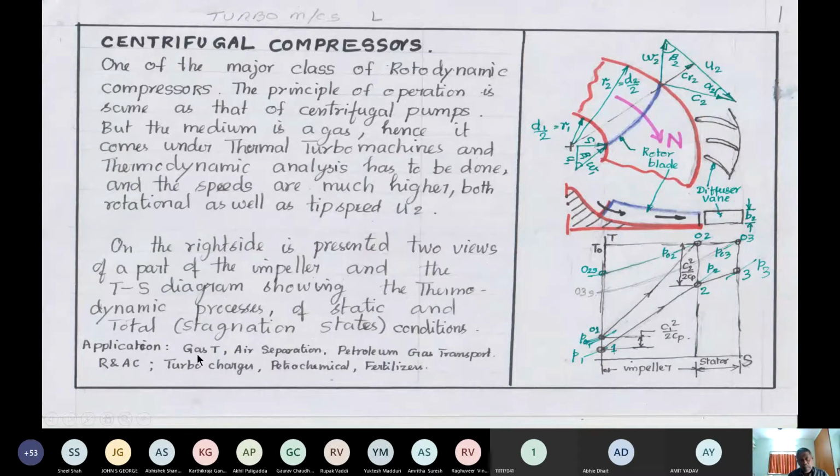Where is the centrifugal compressor coming in a gas turbine? I hope you have some understanding of gas turbines.